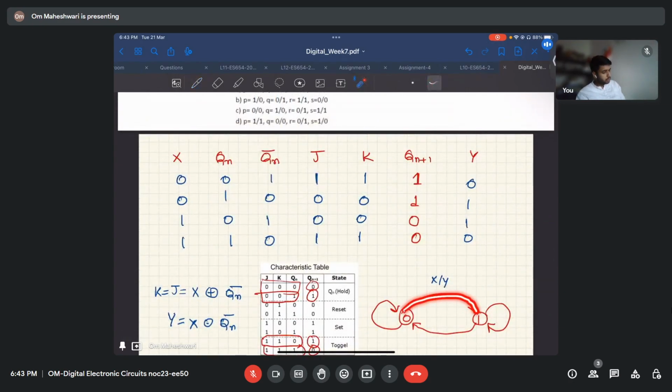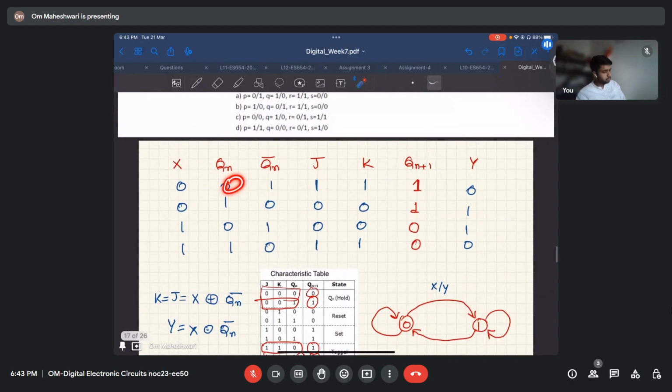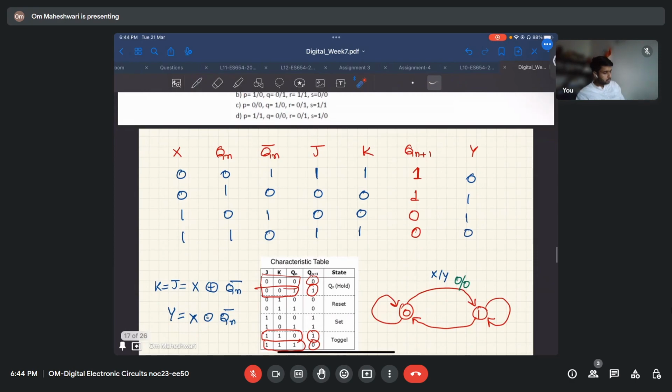So for this 0 to 1 transition, we see x is 0, y is 0. So we'll write 0 by 0. Then we have 1 to 0 transition, Qn to Qn plus 1, the next state. 1 to 0, we have 1 and 0. So we'll write 1 and 0.